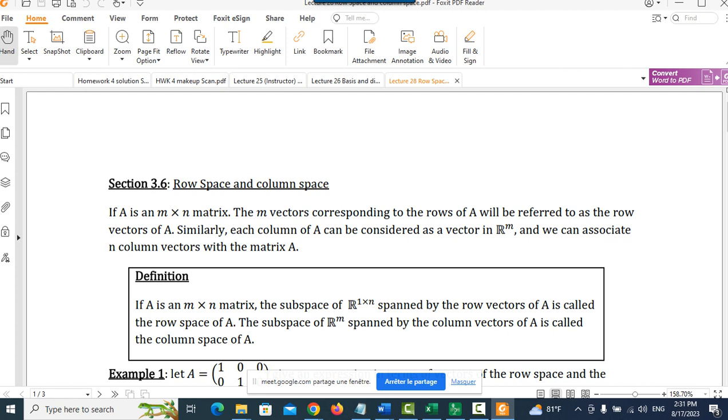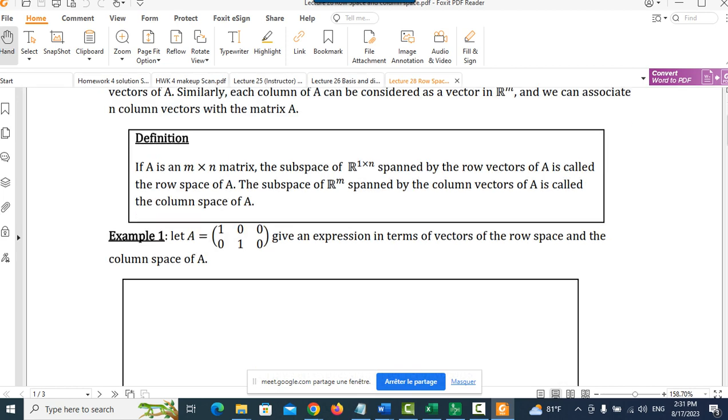Similarly, each column of A can be considered as a vector in Rm, and we can associate n column vectors with the matrix A.